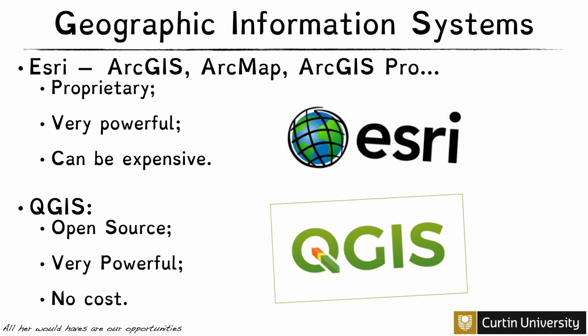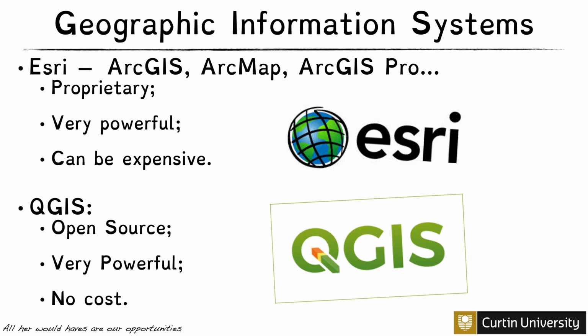And we have to look at things and go, is this what we're after? They do some fantastic stuff. The other package, which is often talked about, is one called QGIS. It's very similar to some of the Esri products, but it's open source. So the source code is available, and there's a really large developer community around it. It's also very powerful. You can do a lot of stuff with QGIS, and it comes at no cost.